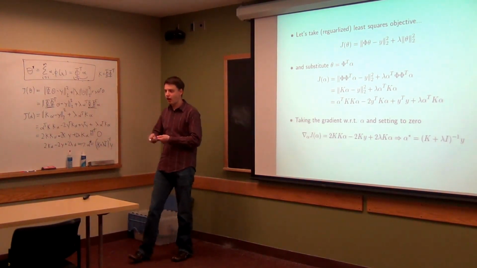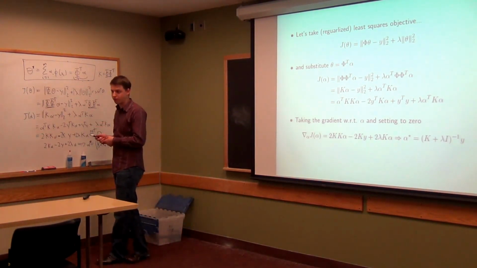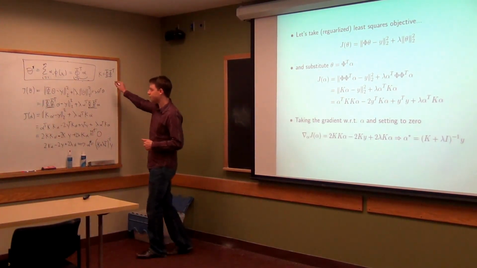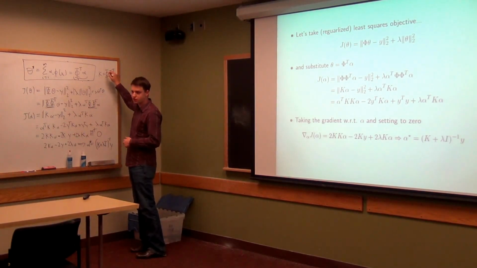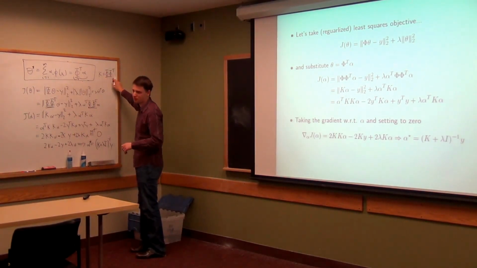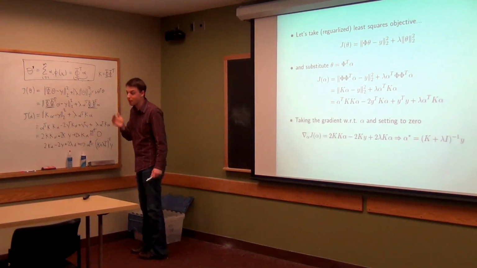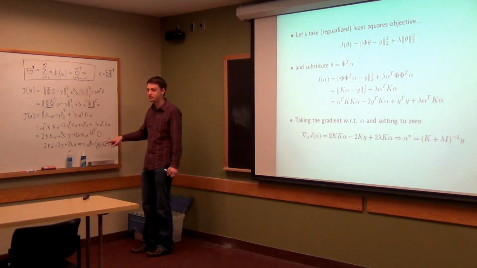It means that all the eigenvalues are greater than or equal to 0. And the way you know this is that it's of this form here, which is a symmetric positive semi-definite matrix, because it's something transpose times something else. And that has to be positive semi-definite always. So K is positive semi-definite.